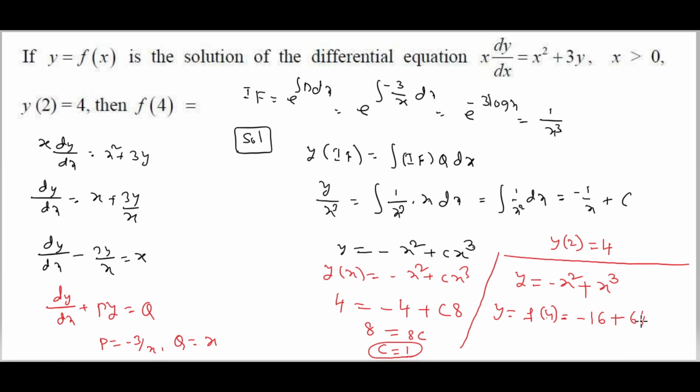Therefore 64 minus 16 is equal to 48. That is the answer. So here the value of f of 4 is 48.